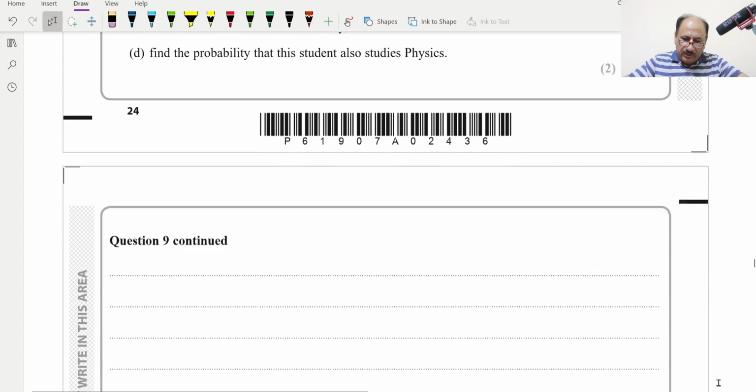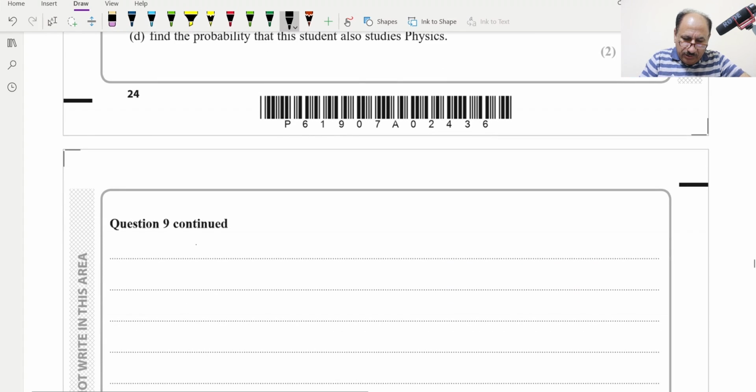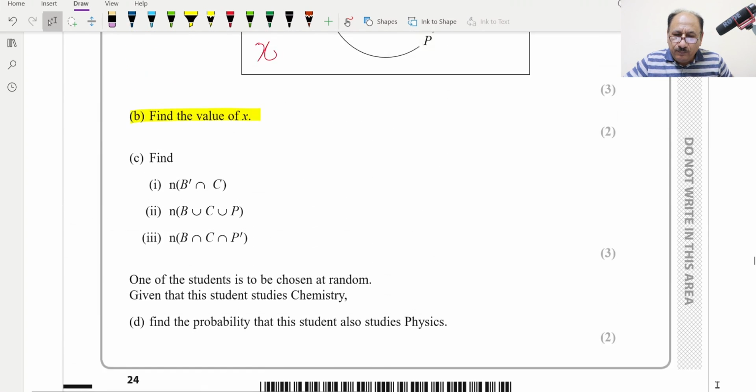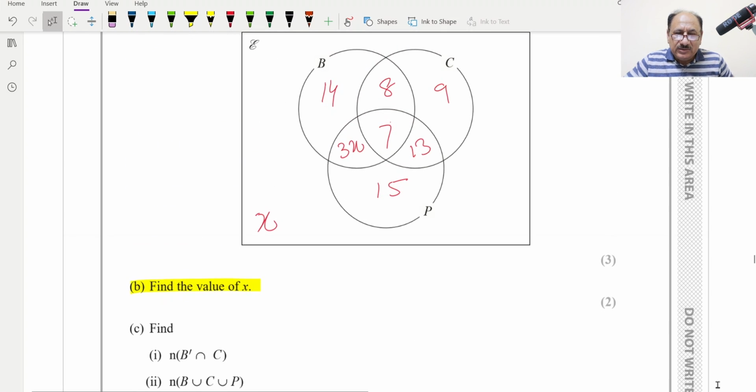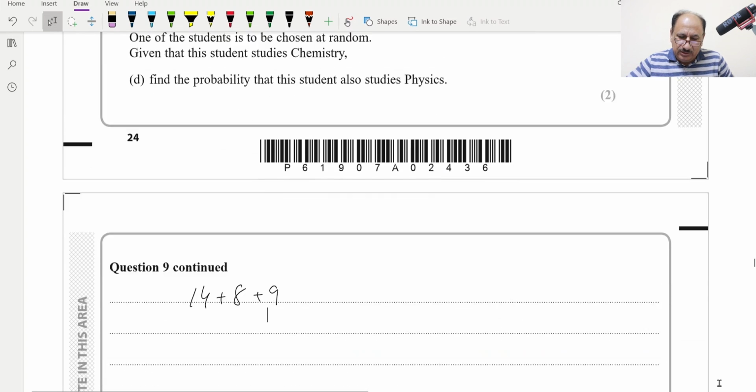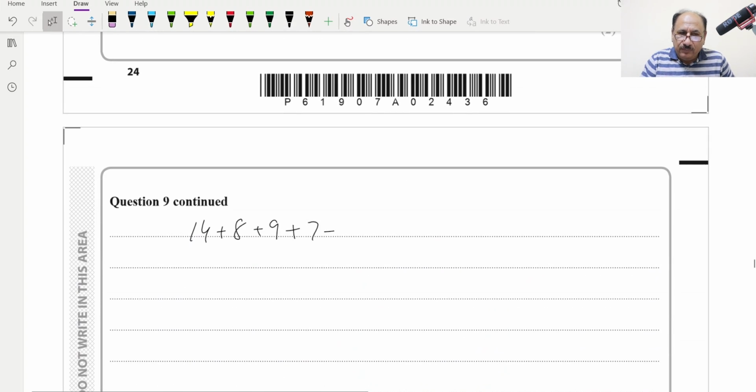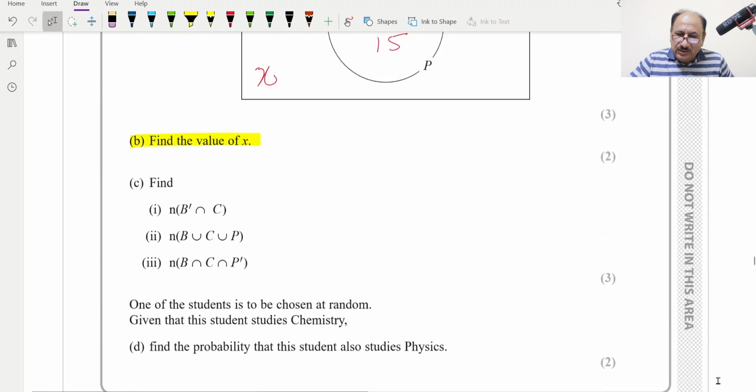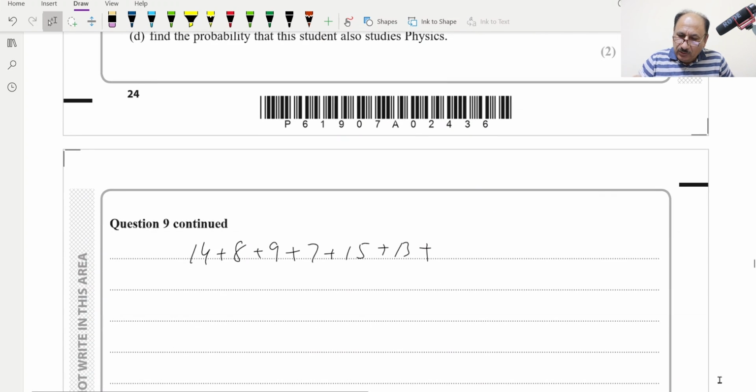So we will be writing here 14 plus 8 plus 9 plus 7 plus 15 plus 13 plus 3x plus x, and this is equal to 90.